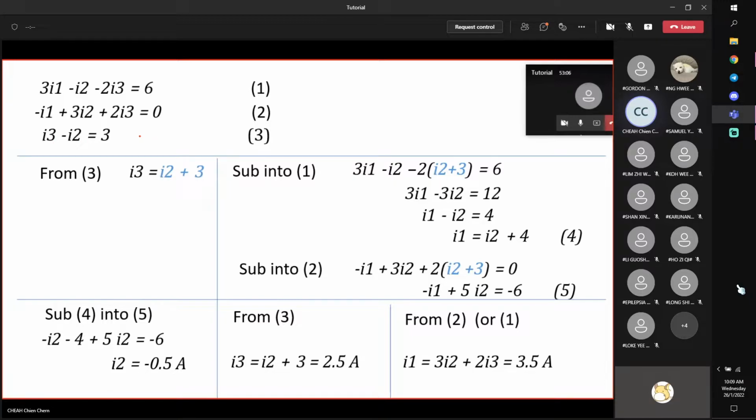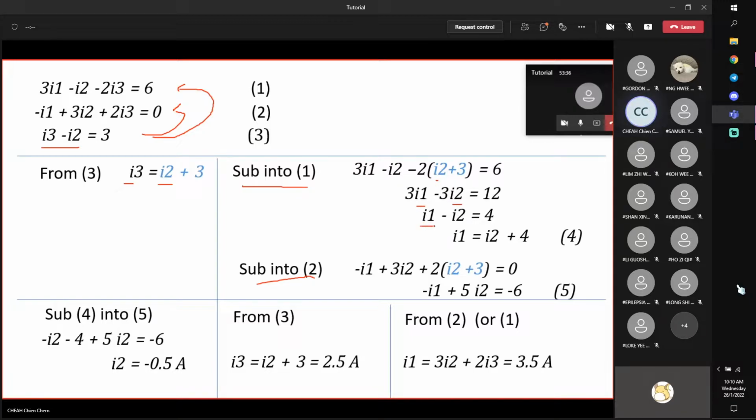Okay, here I'll solve these three equations. I'll substitute equation 3 into 2 and 1. Why? Equation 3 has only two variables, which means that I can express I3 in terms of I2 or I2 in terms of I3. If you substitute into the other two equations, then you eliminate one variable. For example, if I express I3 in terms of I2, then all the equations will not have I3 anymore. It will be only I1 and I2.